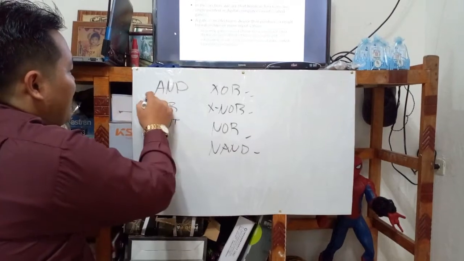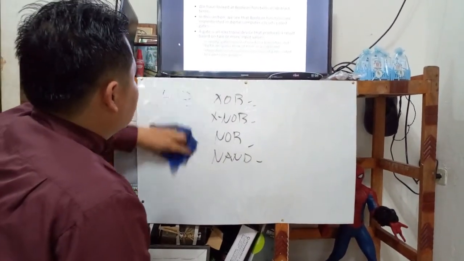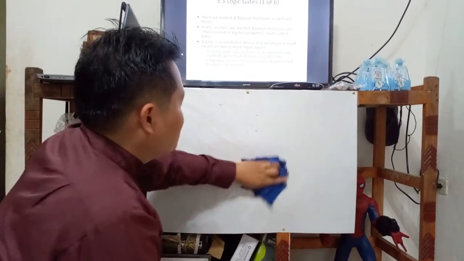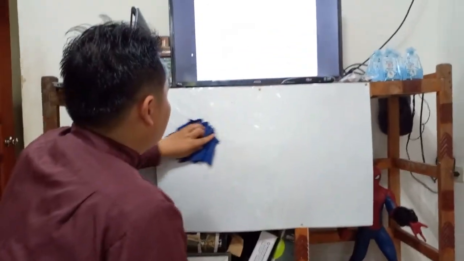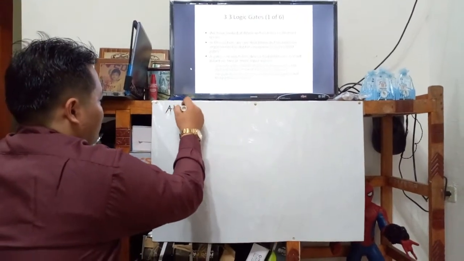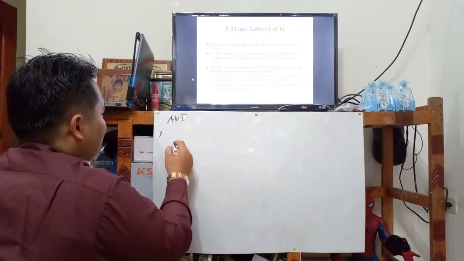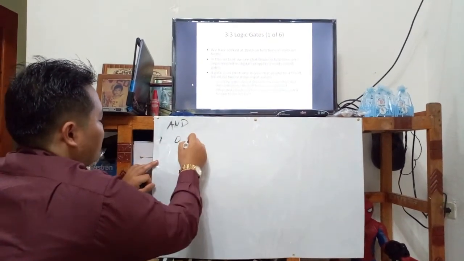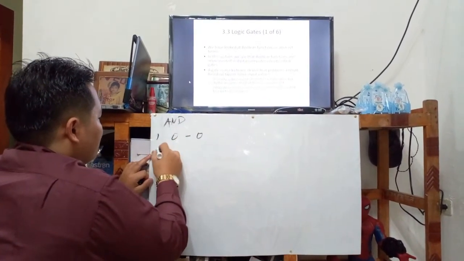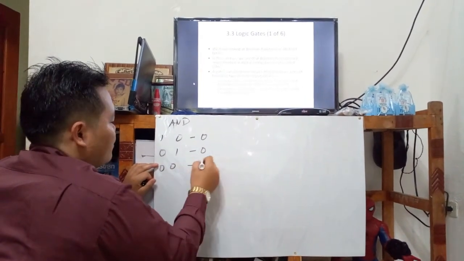So let's talk about the and. So under sa atong and, follow lagi hapon sa atong truth table sa atong Boolean. If there is 1, 0, your answer will be 0. 0 and 1 is your answer will be 0. 0 and 0, your answer will be 0.